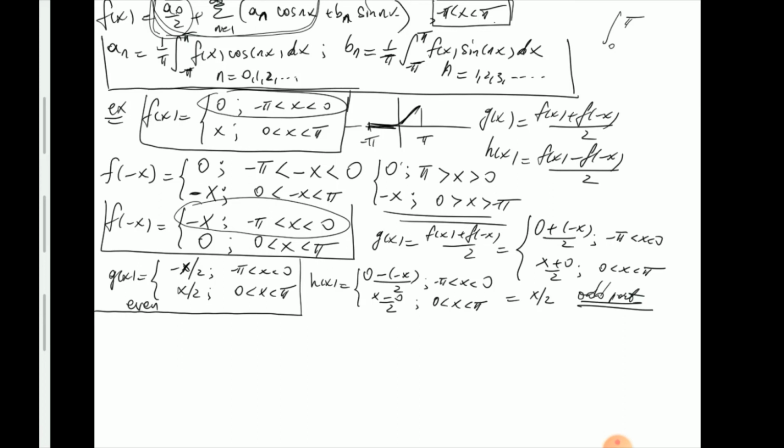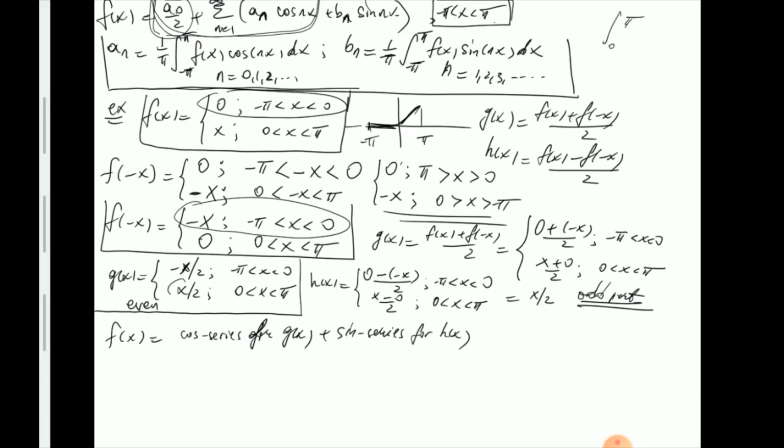So when it comes to writing the Fourier series for the function, once you compute the even and the odd part, all you have to do is add the cosine series for g of x plus the sine series for h of x.